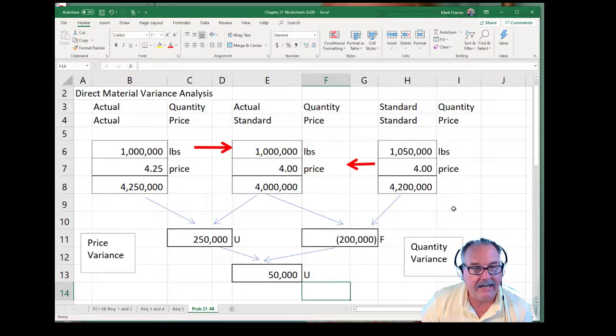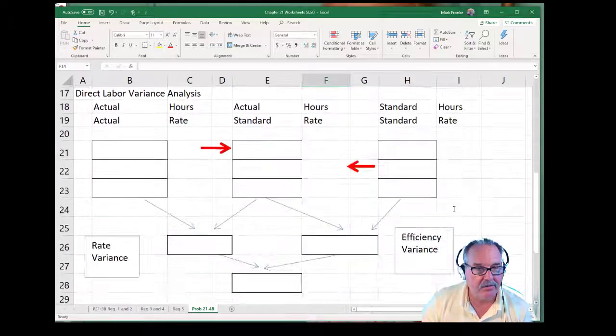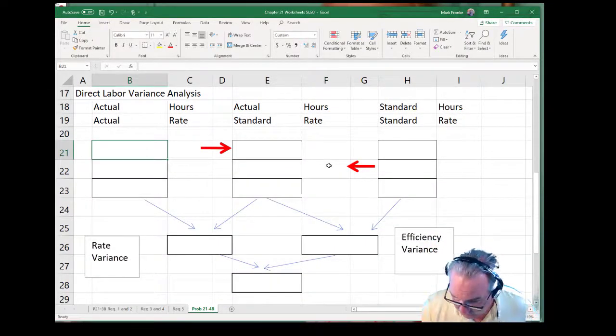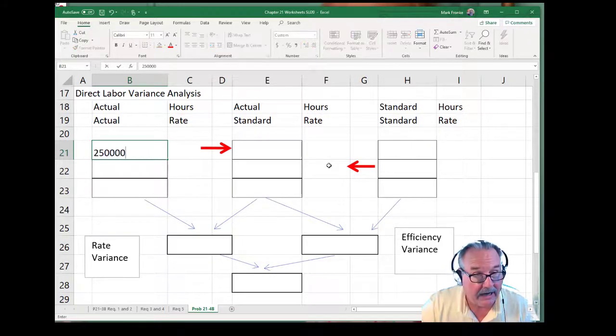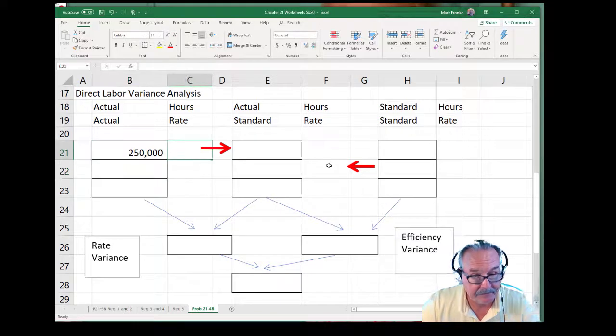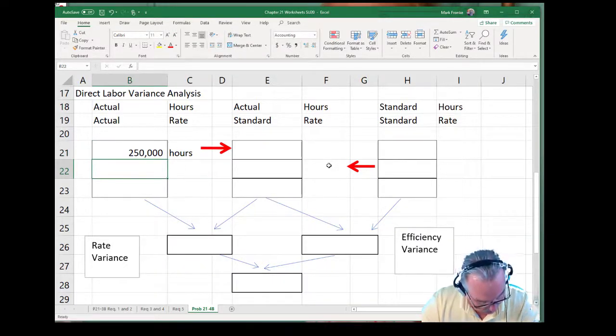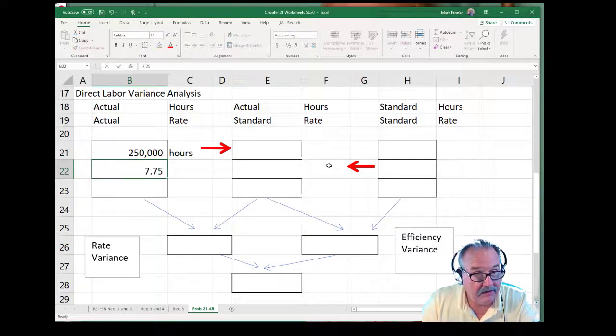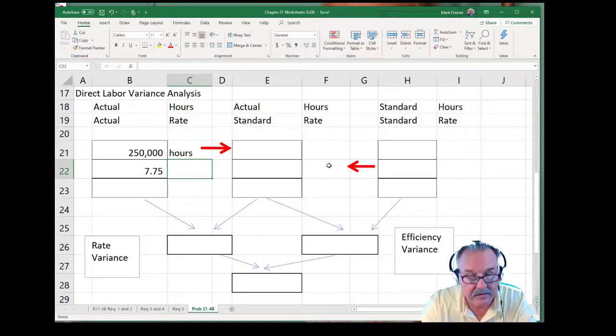Looking at the direct labor, the actual labor was 250,000 hours. And we paid $7.75 per hour.